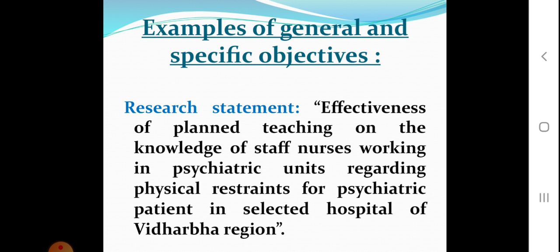Here, the research statement is effectiveness of planned teaching on the knowledge of staff nurses working in psychiatric units regarding physical restraints for psychiatric patients in selected hospitals of Vidarbha region. Okay, this is a research statement. From this research statement, we can draw general objectives and also specific objectives.